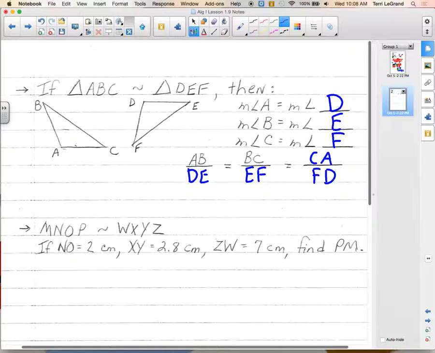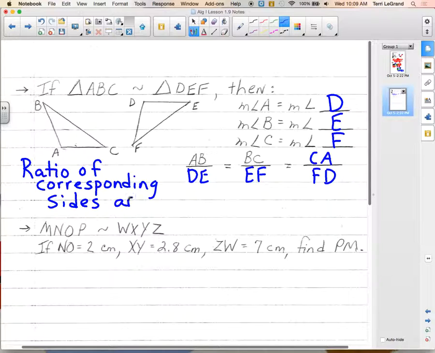So what I want us to realize is that when we talk about the ratios of corresponding sides, and I want you to write this, ratios of corresponding sides are the same. They are equal to each other.